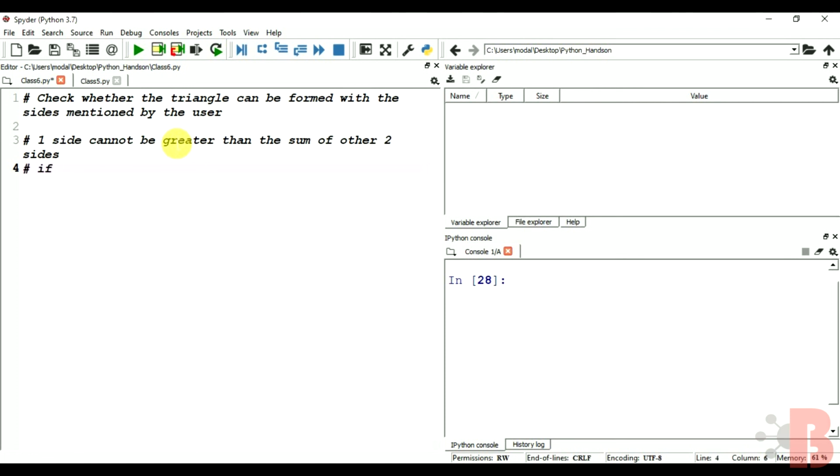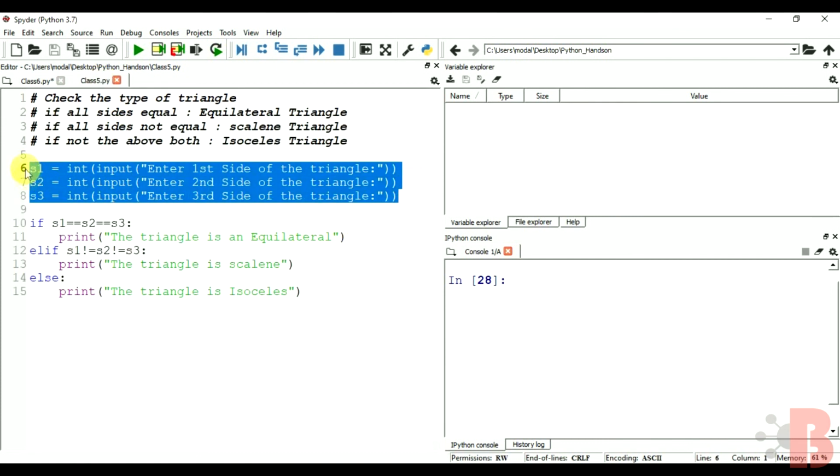If any one side is equal to the sum of the other two sides, then we can form a triangle, but it is called a degenerated triangle. And for any other combination we can create a triangle. So let us see.